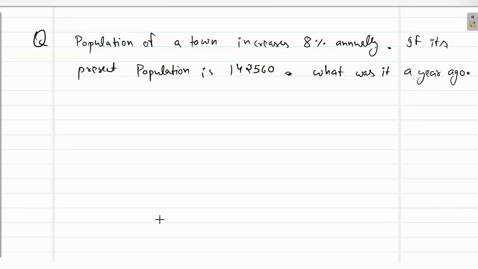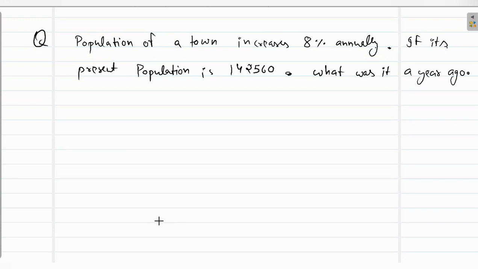Why? Because 100 minus 8 is 92, and then we divide it by 100. Okay, you're going to do it that way. So what answer will you have? 139,708.8.